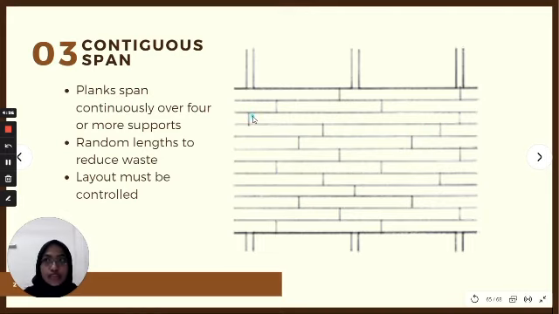You can use leftover wood from any construction in this type of span to avoid wastage. And also in this type, the layout of the decking must be controlled. Why? Because the planning will determine the number of supports needed underneath. So that is all for wood decking.